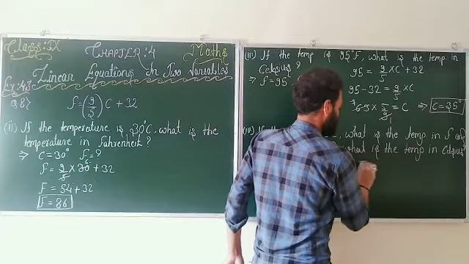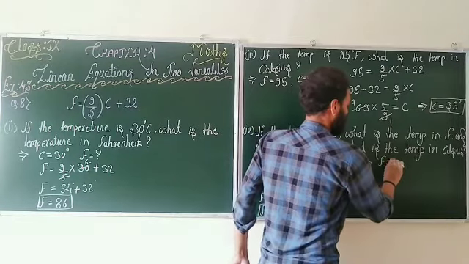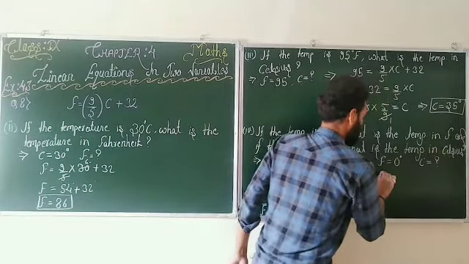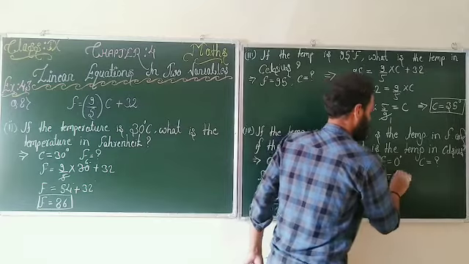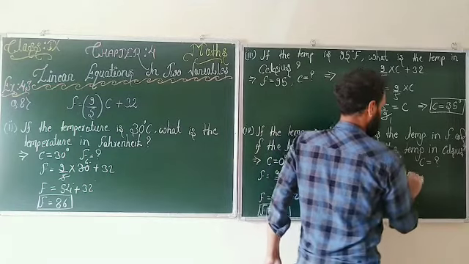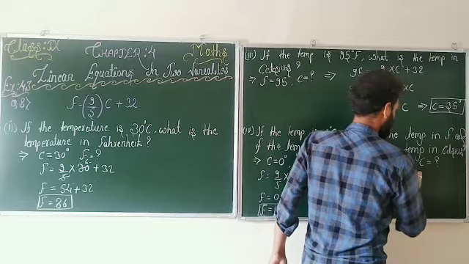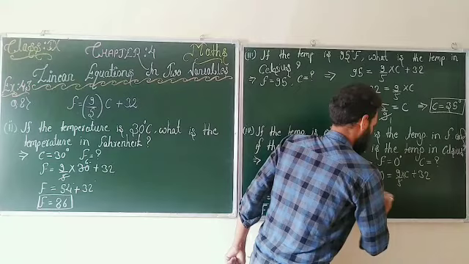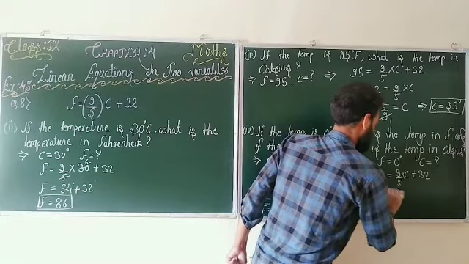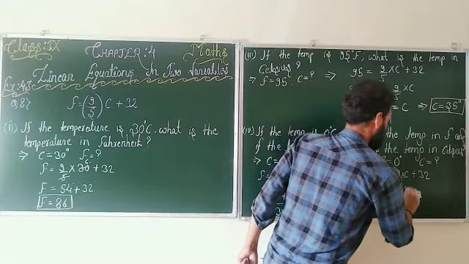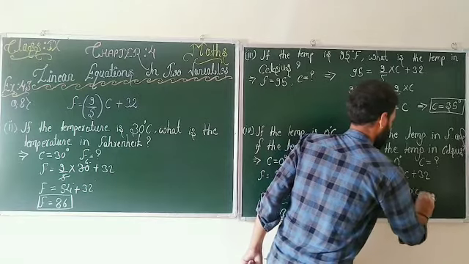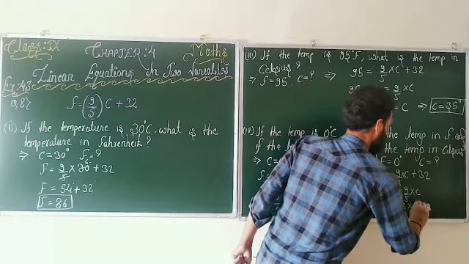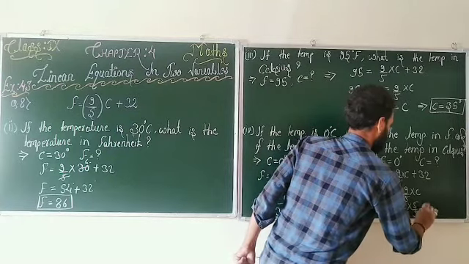And when the temperature in Fahrenheit is 0 degree, what is the temperature in Celsius? So again use the same relation: 0 equals 9/5 into C plus 32. So we get minus 32 equals 9/5 into C. So C is equal to minus 32 into 5/9.